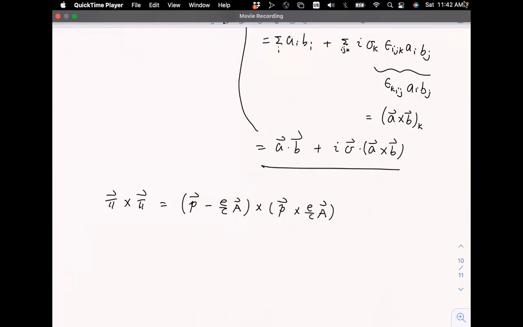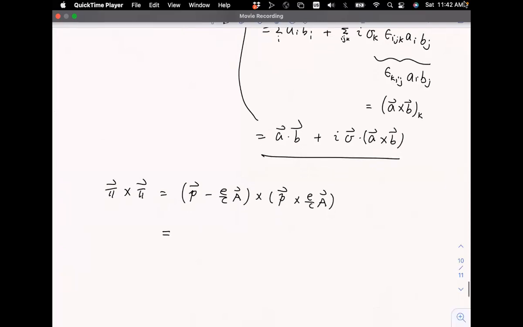When you deal with operators with this cross product, you need to be careful because they don't commute, so you cannot just apply a normal vector property on it. You should deal with this step by step.